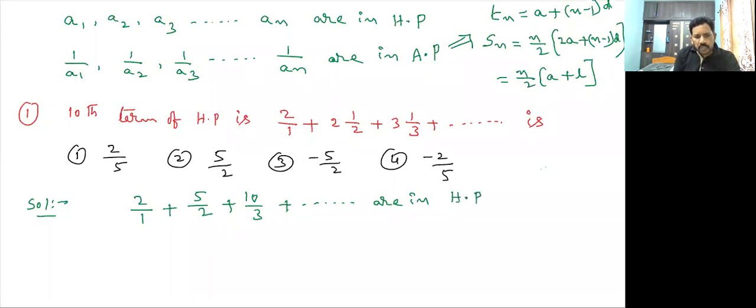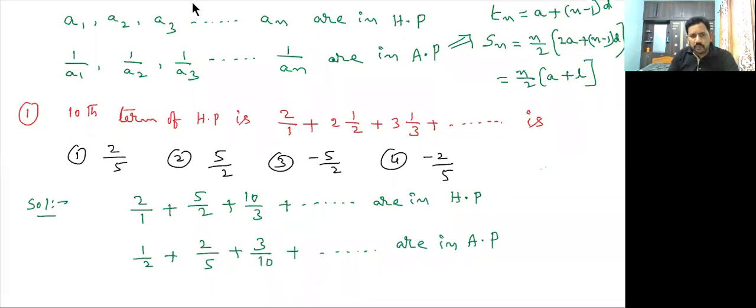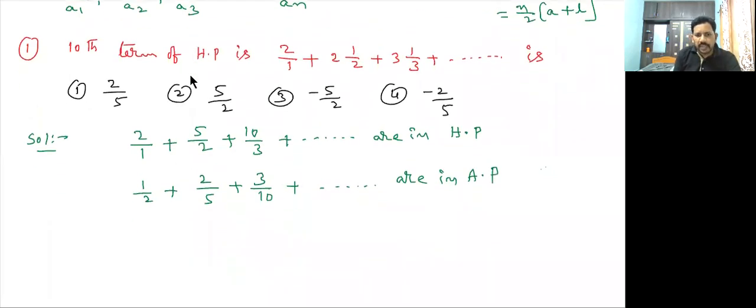Now write the reciprocal: 1 by 2 plus 2 by 5 plus 3 by 10 plus and so on. These are in AP, arithmetic progression. So in arithmetic progression, we know how to do the calculation. What is the first term? A, 1 by 2.